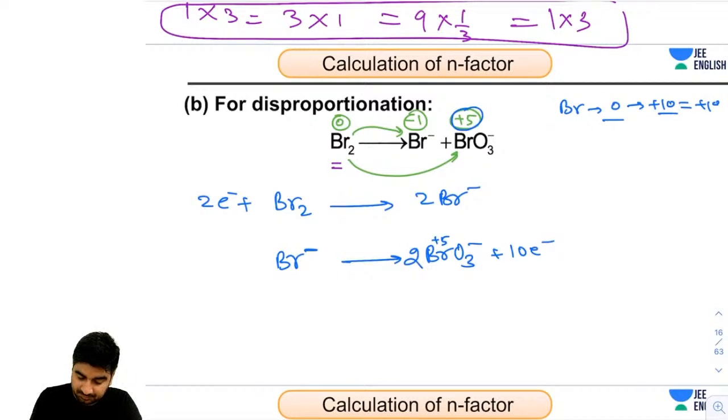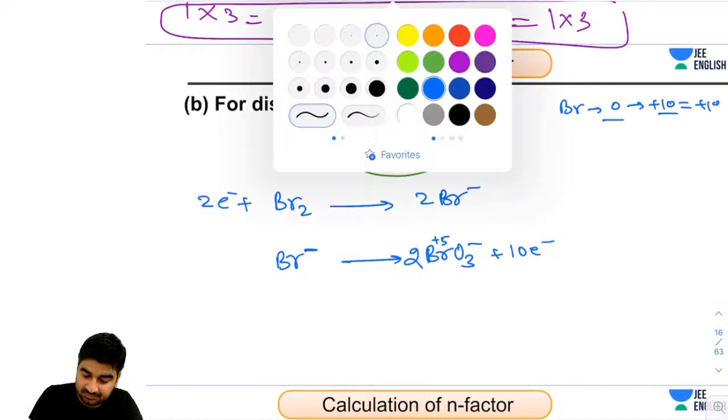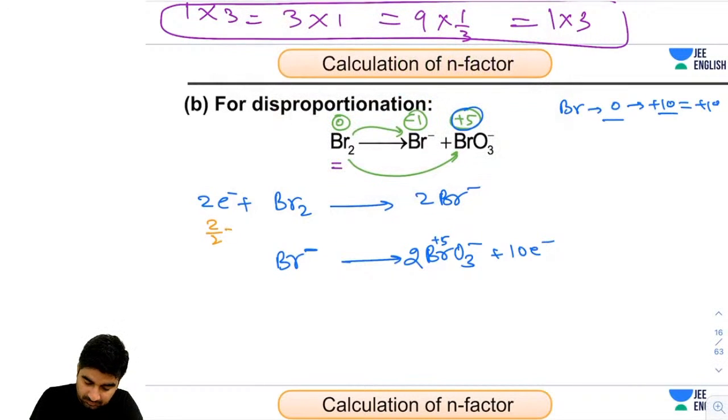Now what you have to do? There are two ways again. If you calculate the n factor over here, now we have this. So 10 electrons are exchanging.